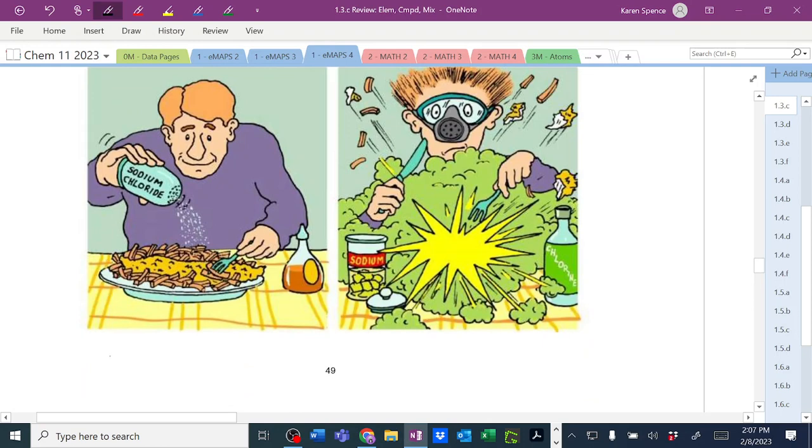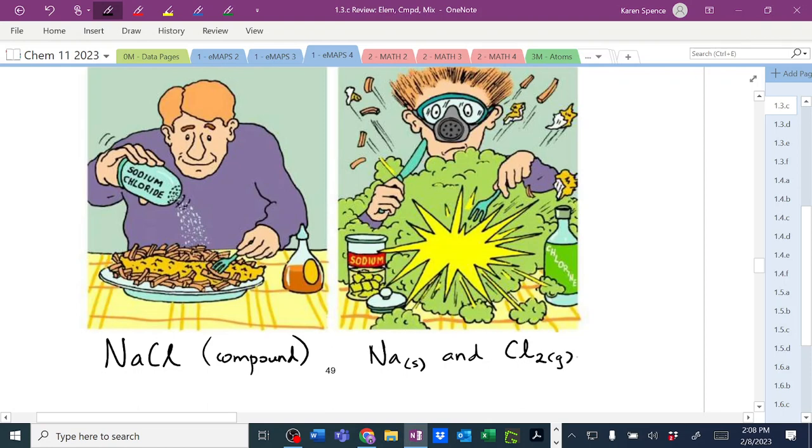So NaCl, which is a compound, is okay, tasty. Sodium, which is a metal and is a solid, and Cl2, which is a gas.